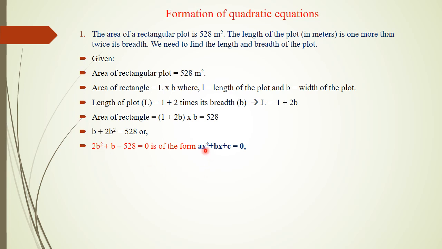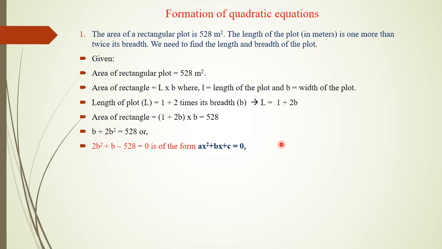But generally we represent it as x square. In place of x square it is b square, in place of x it is b, and in place of c it is minus 528. Here the coefficient of b square is 2, the coefficient of b is 1, and the constant term is minus 528. Therefore, this is a quadratic equation.